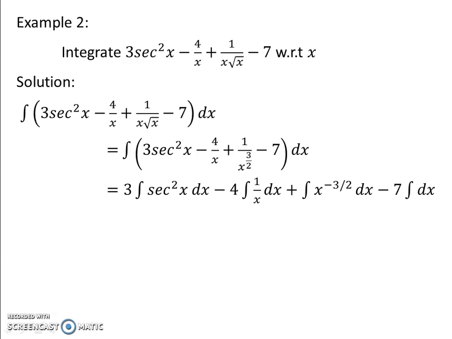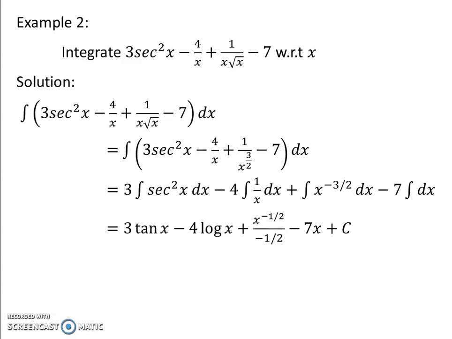So applying the theorems, 3 integration of x square dx minus 4 integration of 1 upon x dx plus integration of x raised to minus 3 by 2 dx, because 1 upon x raised to 3 by 2 can be written as x raised to minus 3 by 2, minus 7 integration dx. That is equal to 3 x cube by 3 minus 4 integration of 1 by x is log x.